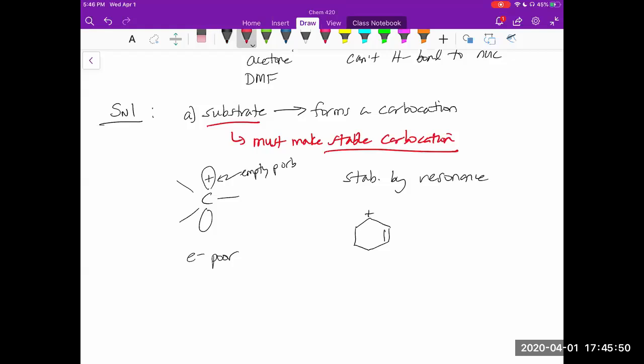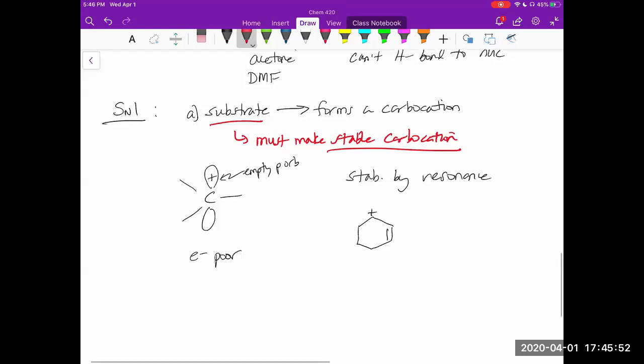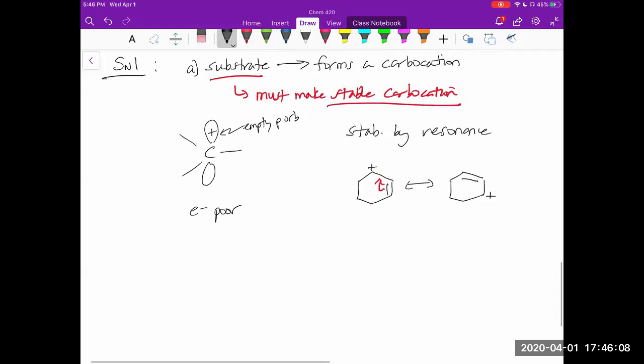That carbocation could reasonably form because my double bond can move up into that empty p orbital, and I can draw a resonance structure where I have my double bond up top now and the plus down to the side. And the real molecule, of course, is a hybrid.